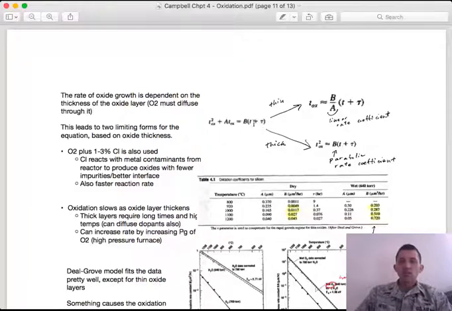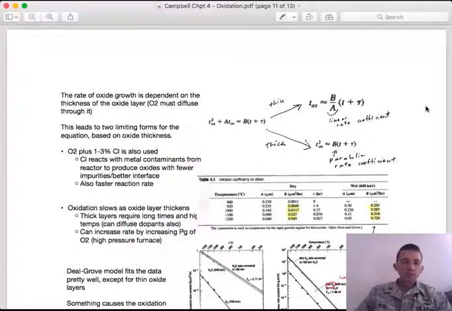So if I want to go back to actually 0, I would need to subtract tau. It's essentially going back in time to get back to this zero oxide state. So I can think of it in terms of a head start, so to speak.